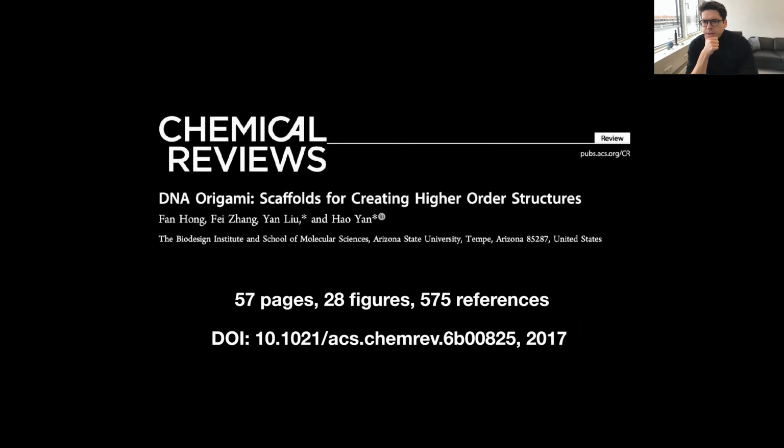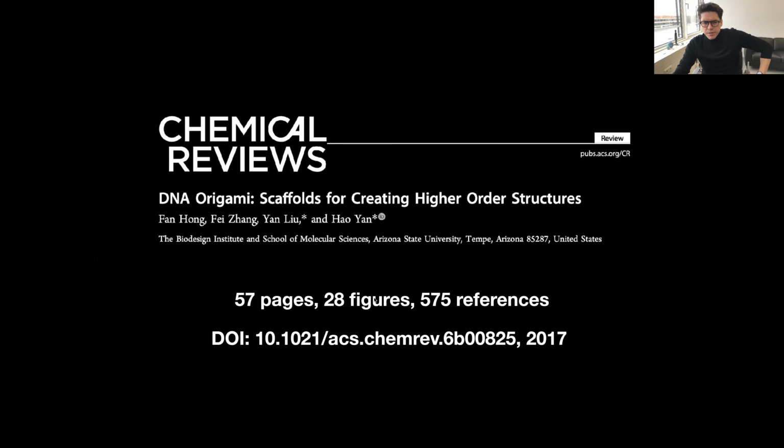But I want to point out a few examples of the recent literature in which you can get a comprehensive overview of the entire field of DNA nanotechnology. First of all, I want to highlight this review, which appeared in Chemical Reviews. It's from Hao Yan and colleagues at Arizona State University. I call this the mother of all reviews because it's huge.